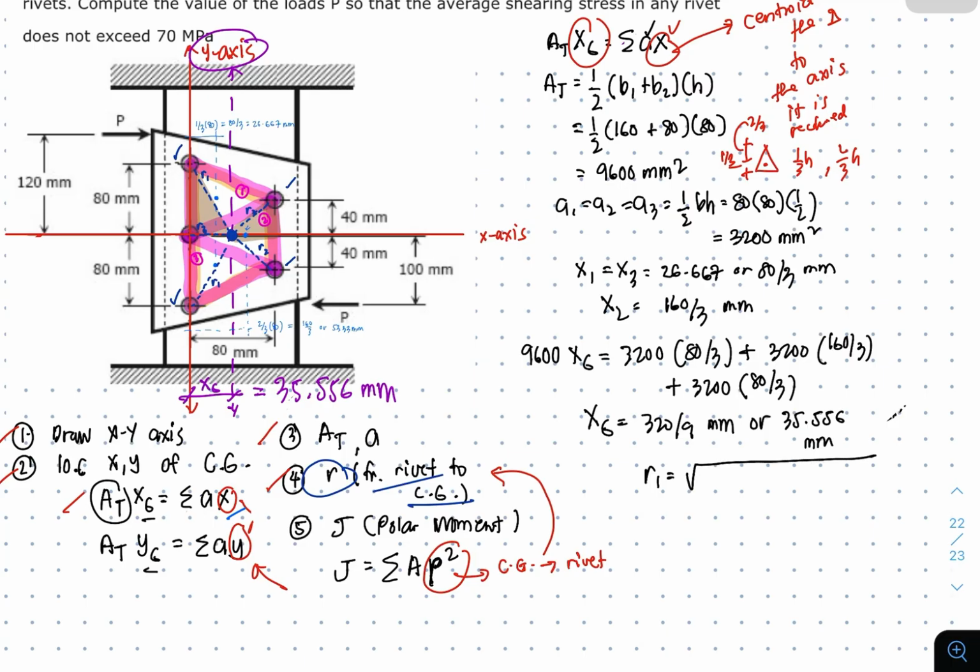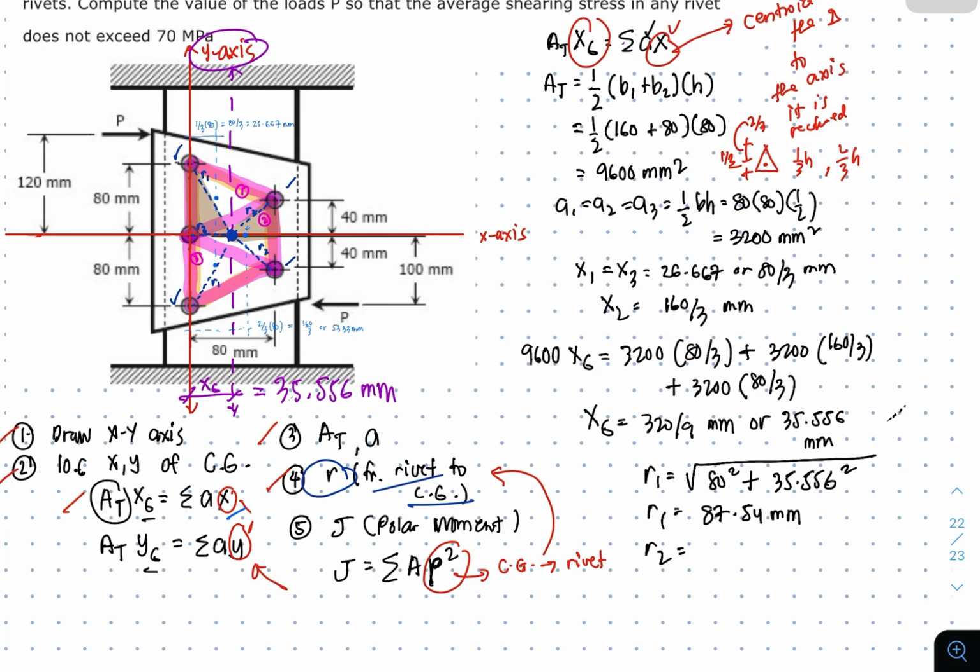R1 is simply the square root of, first we have here 80 plus the x sub g, that is simply 35.556, and our R1 is simply equal to 87.54 mm.